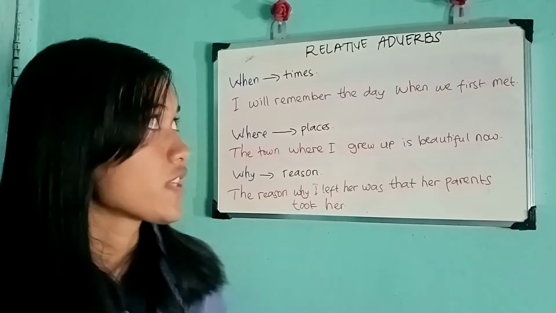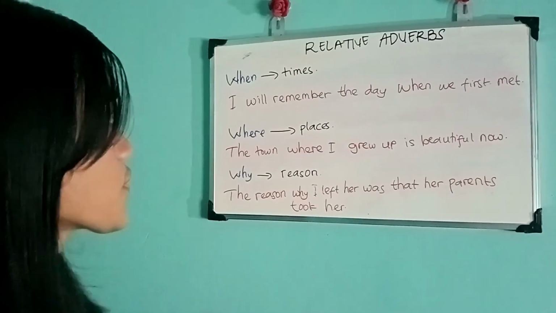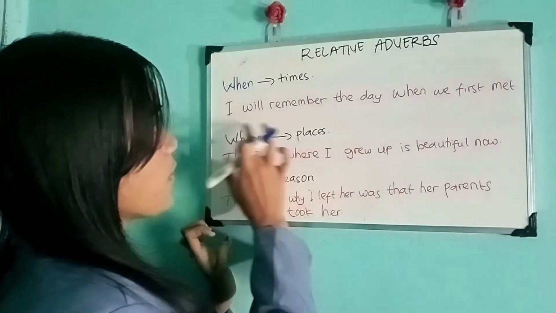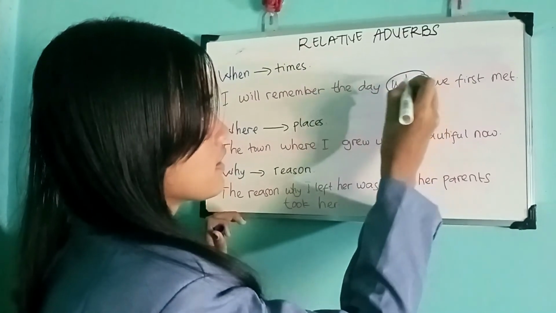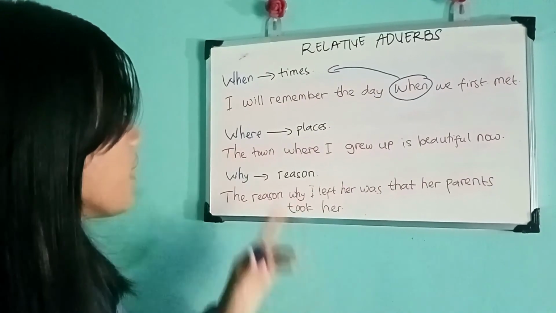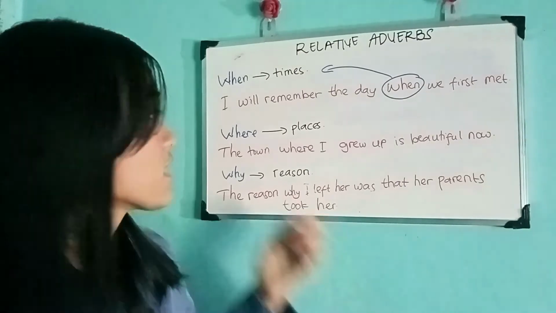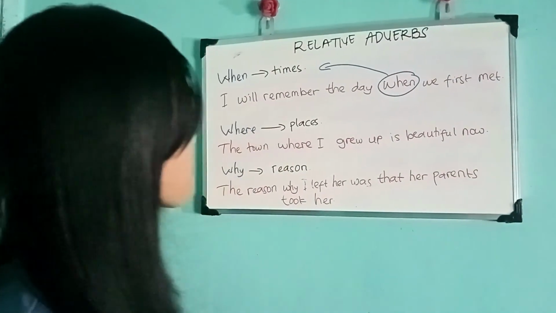Next, let's talk about relative adverbs. There is when to describe times. For example, I will remember the day when we first met. And the second, where to describe places. For example, the town where I grew up is beautiful now.